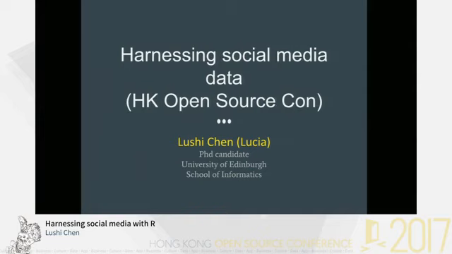And today, rather than mainly talk about mental health issues, I will mainly talk about data I grabbed from Reddit on the general election of 2017 in UK. Oh, sorry, 2017. Thanks for the correction.